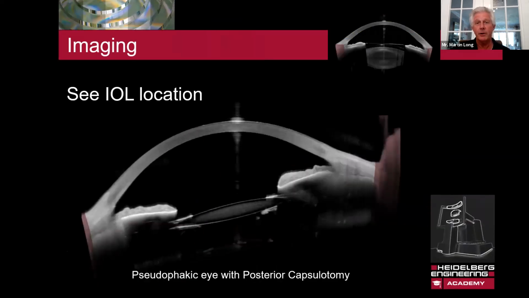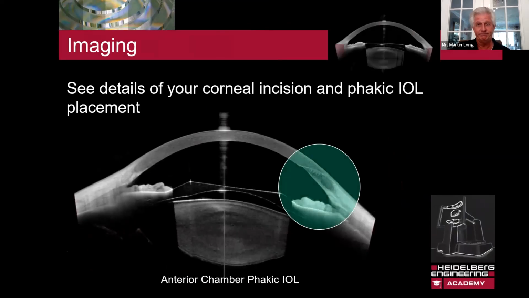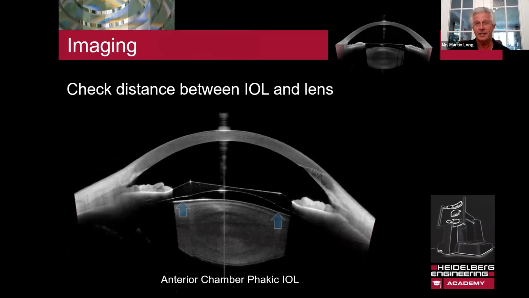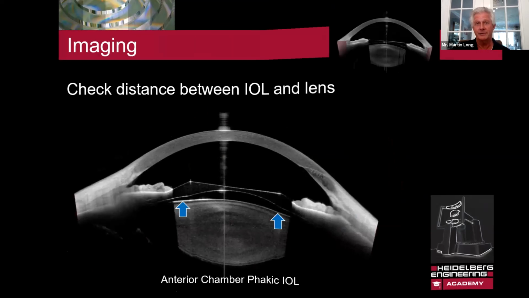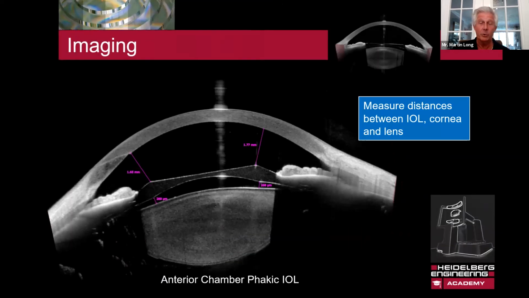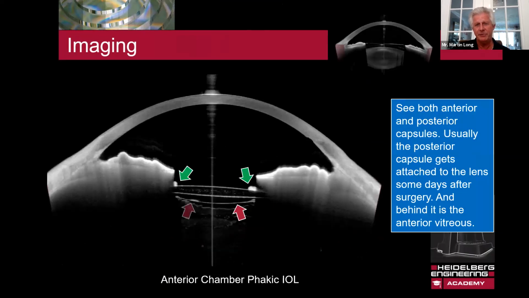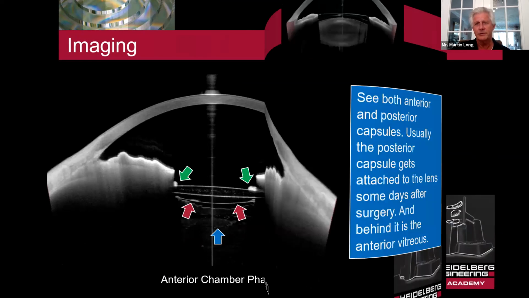You can see the IOL location, details of your corneal incision, checking distances between IOL and lens, measuring all distances. And maybe if you can see this eye much better, you maybe change the way you think about your surgery.